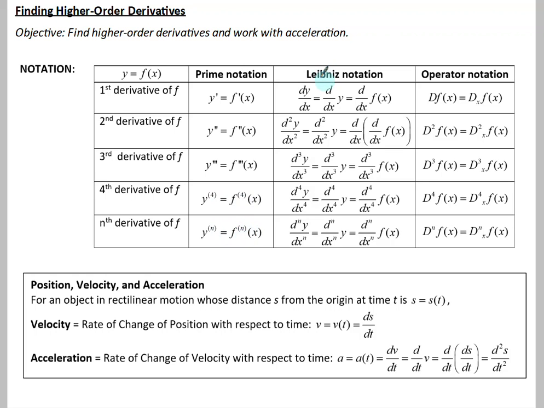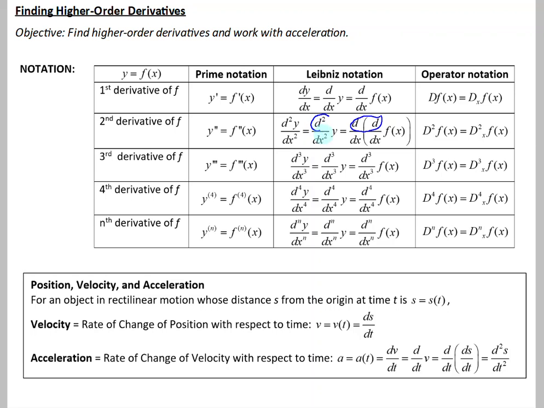If we choose to use Leibniz notation, we're saying for the first derivative, dy dx, which of course means the derivative with respect to x of y, or the derivative with respect to x of f of x. Now if we take the second derivative of f, notice that we're taking the derivative with respect to x of the derivative with respect to x of f of x. So notice how we have d and another d.